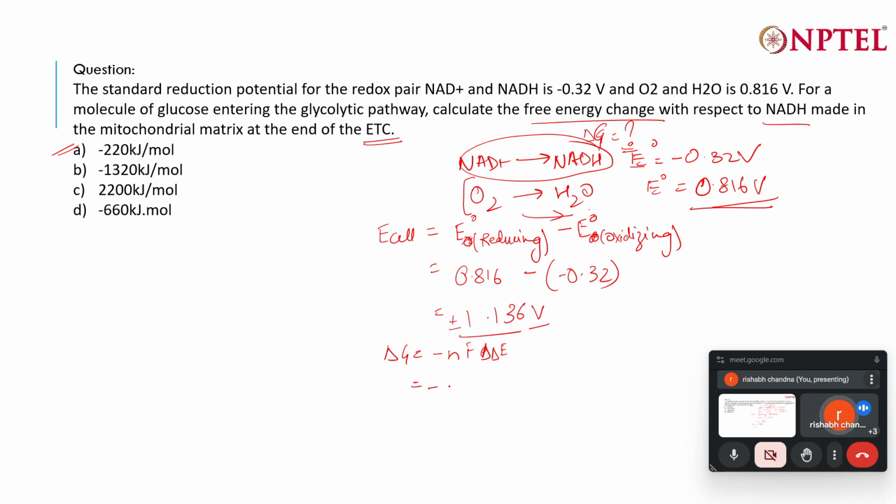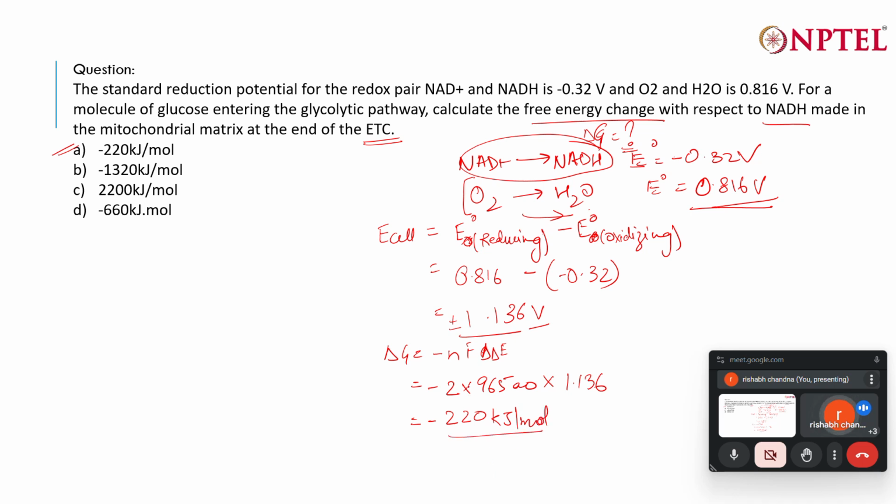So n will be equal to 2, F will be 96500, that is the Faraday constant, and delta E is 1.136. After calculating, the answer comes out to be nearly minus 220 kilojoule per mole.